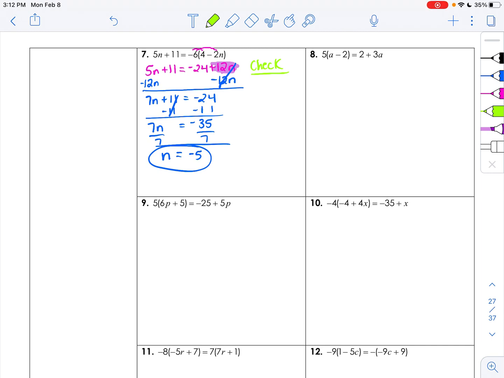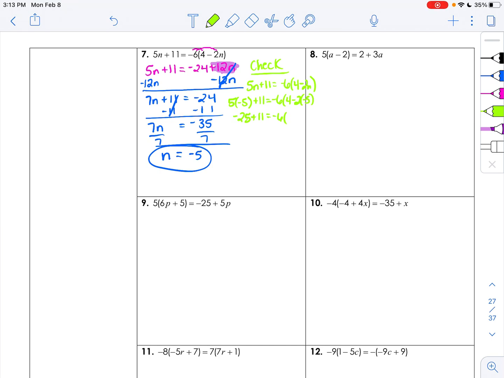starting with our original 5n plus 11 equals negative 6 times 4 minus 2n. We're going to replace both n's with negative 5. So 5 times negative 5 plus 11 equals negative 6 times 4 minus 2 times negative 5. So 5 times negative 5 is negative 25 plus 11 equals negative 6 times.